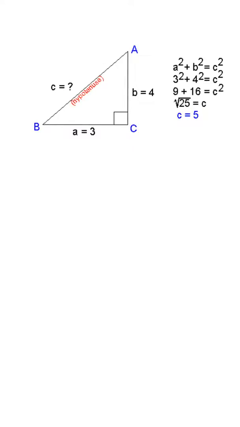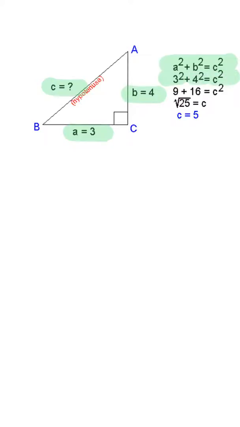In this first example, we are given a as 3 and b as 4, and we want to know what c is equal to. So we use the formula a squared plus b squared equals c squared. I plug in my numbers for a and b, so I have 3 squared plus 4 squared equals c squared.